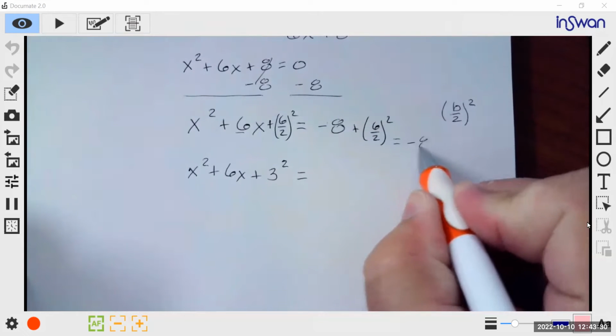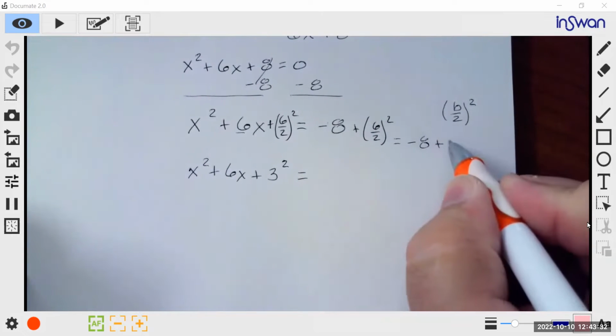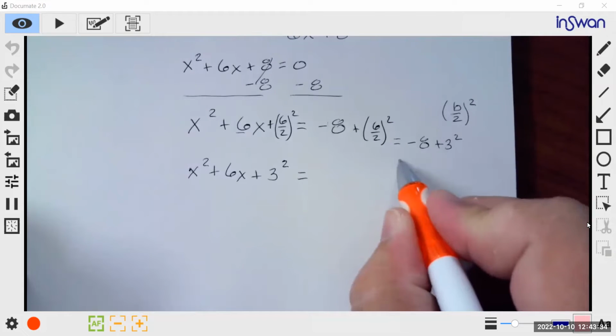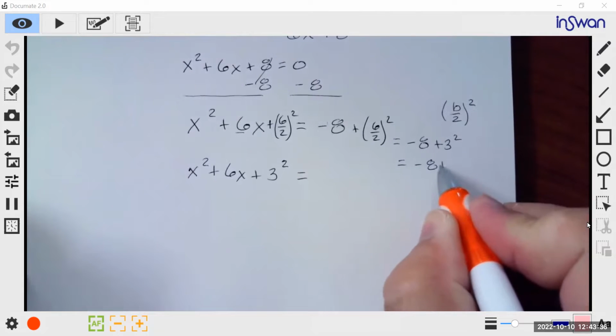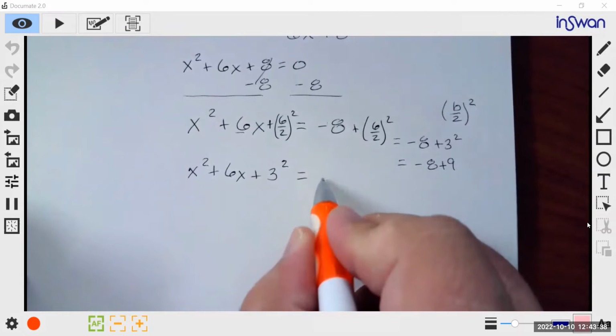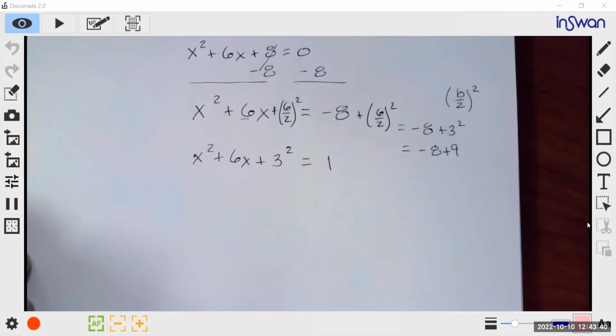So we have -8, 6 divided by 2 is 3, 3 squared is 9, so 9 minus 8 is 1. Left side, only do inside the parentheses. Remember this part so far?